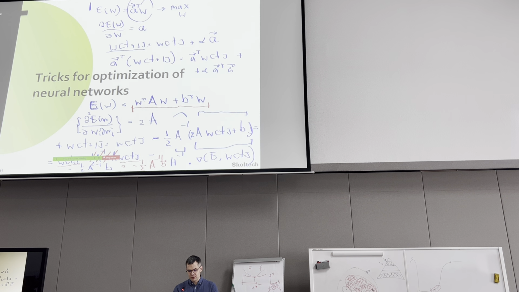So the Newton method is optimal for quadratic functions, but okay, not all functions are quadratic, especially if you're talking about neural networks. But still, we are at this stage here. We are approximating with the quadratic function.